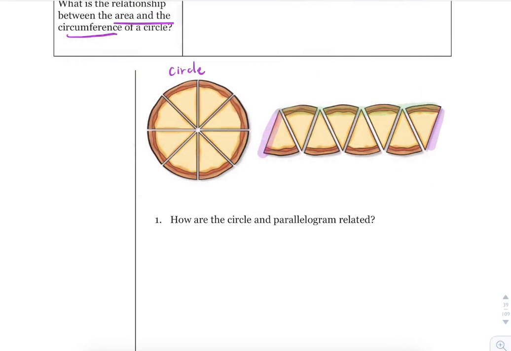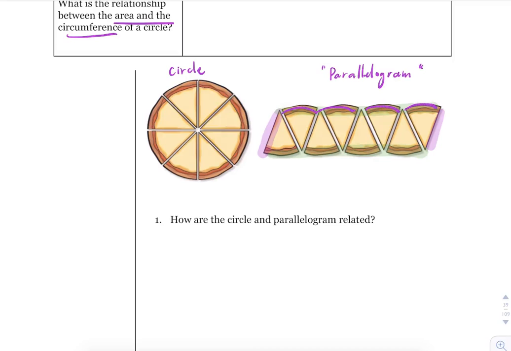This side is parallel to this side. I put these in quotations because it doesn't really look like a parallelogram, because it's got these edges which are a little bit rounded.